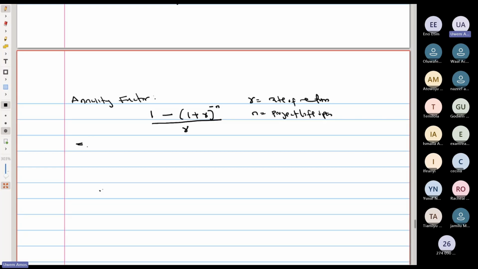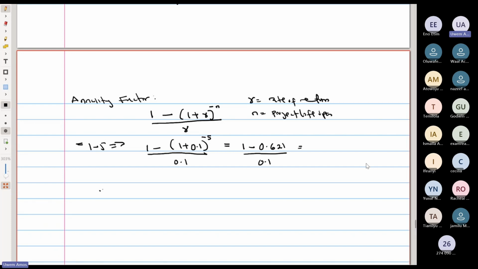So let's do year 1 to 5 quickly. That would be 1 minus 1 plus our rate of return, which is our real cost of capital that we're using, 10%, so 0.1, raised to the power of minus 5 for year 1 to 5, divided by R, which is 0.1. So this will be 1 minus 1.1 raised to the power of minus 5, which is 0.621, divided by 0.1.